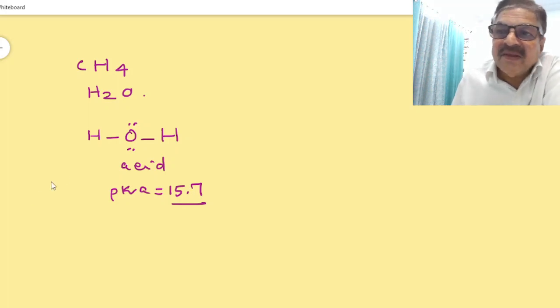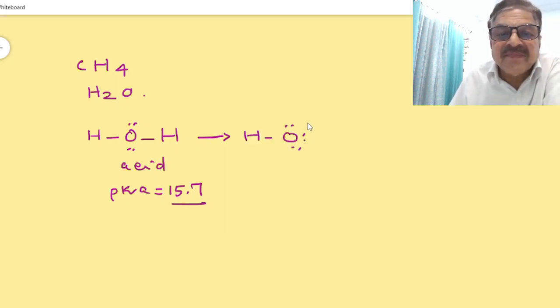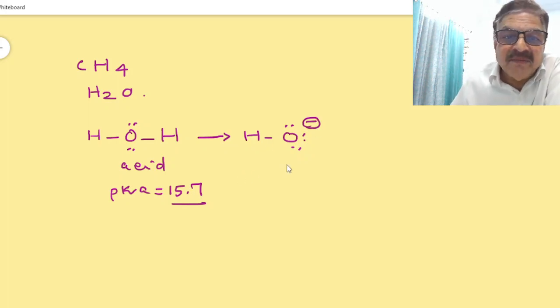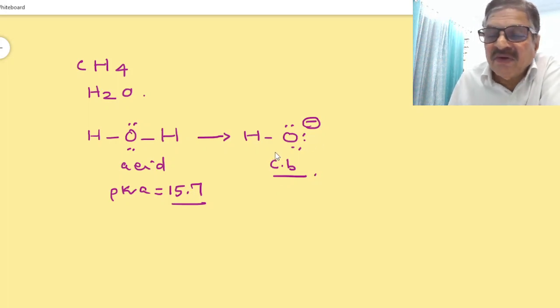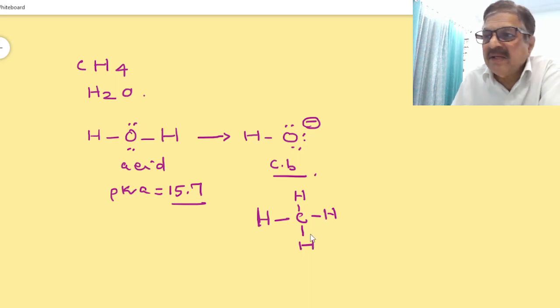The conjugate base of water will be HO minus. This is the conjugate base, CB, I will write in short. Here the negative charge is on the oxygen atom. Now if you take methane, this is the methane molecule.